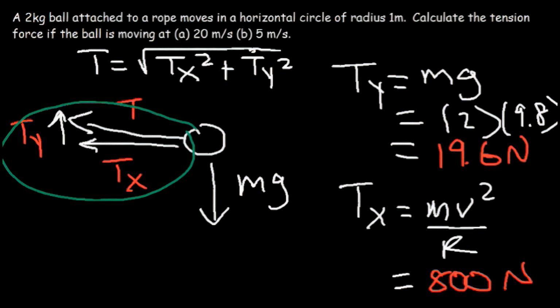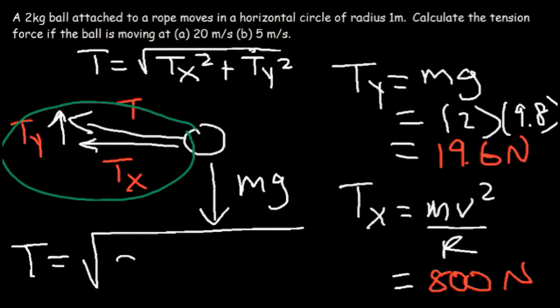So now we can use this equation to calculate the tension force. So it's going to be the square root of 800 squared plus 19.6 squared, if you want to calculate the exact answer.